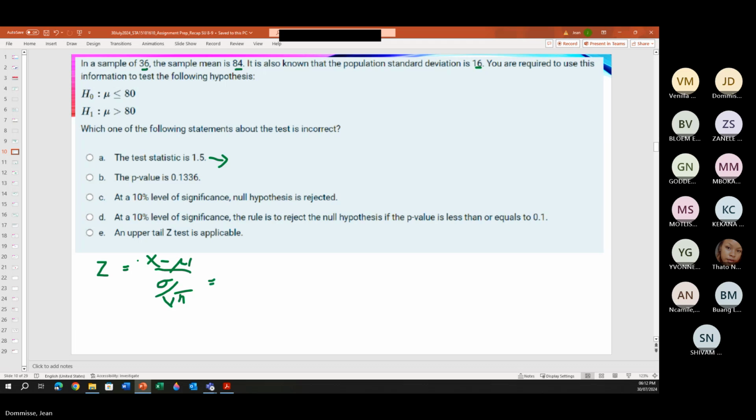So we look at the X. In this one, the sample mean is 84. The population mean is 80. Standard deviation is 16. And your N is 36.